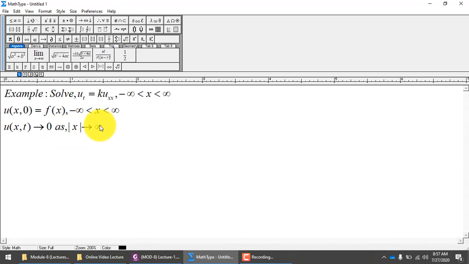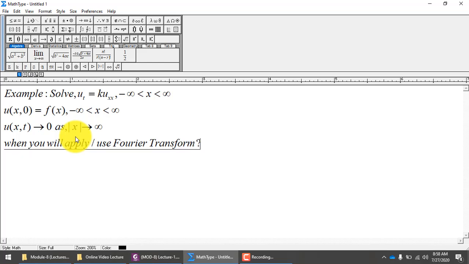So in that lecture I will also explain why using Fourier transform, and when you will have to use Fourier cosine transform. When you will apply or use, you can write any word, apply or use Fourier transform.